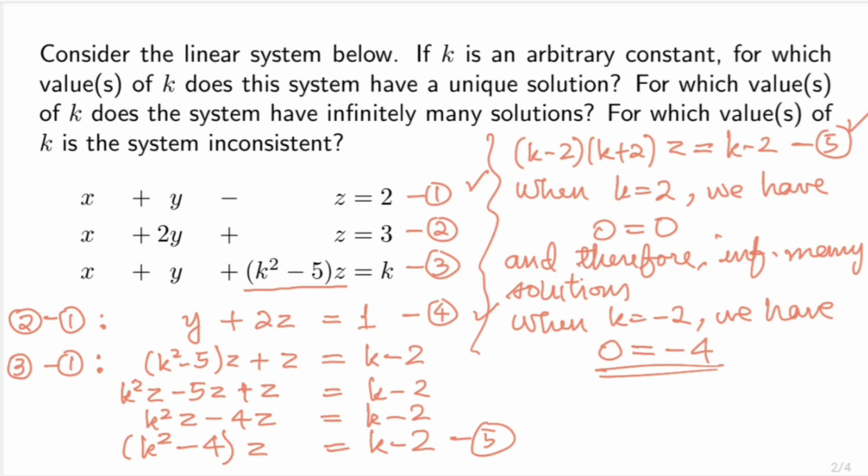So in that situation, our system is going to be inconsistent because we have some value on the left that is 0, but on the right it's not 0. Therefore, an inconsistent system.